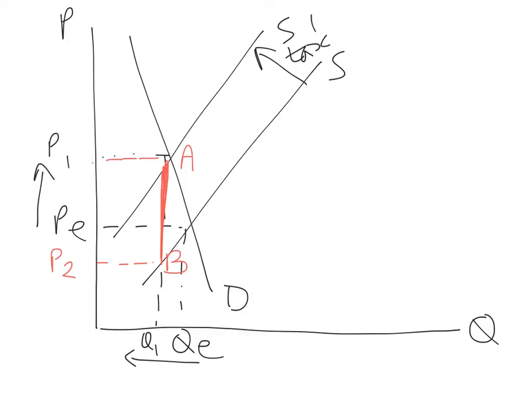Now, the consumer was paying PE and is now paying P1. As you should be able to see, they're paying the majority of the tax, because they're paying the distance that I'm now going to put in blue here. They're paying that amount of the tax, whereas the producer is paying the slightly smaller amount. You might be thinking, why is the producer absorbing any of the tax?